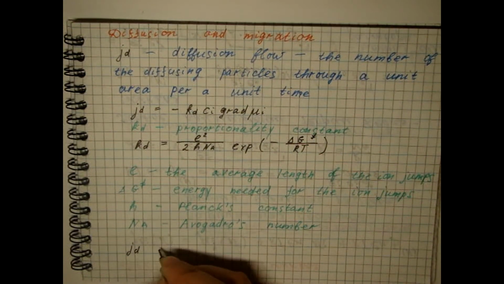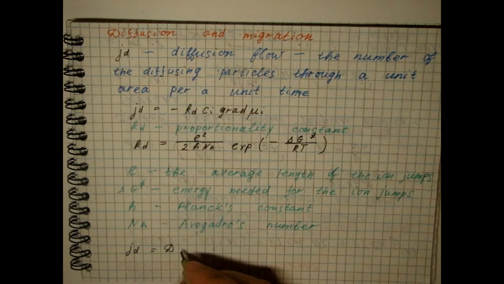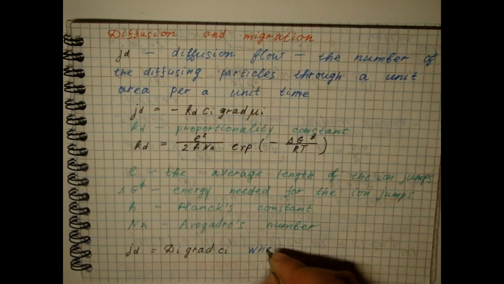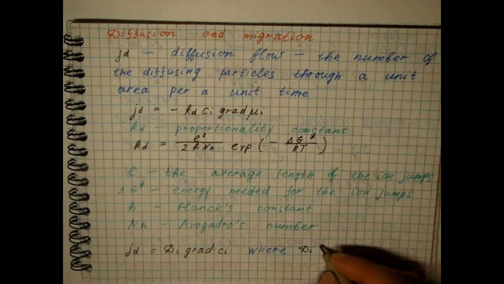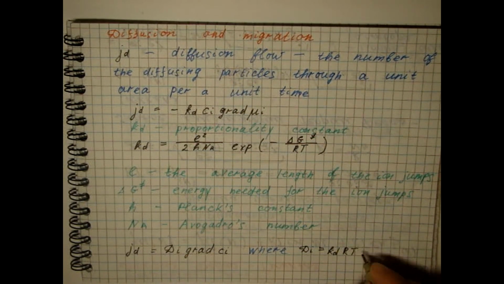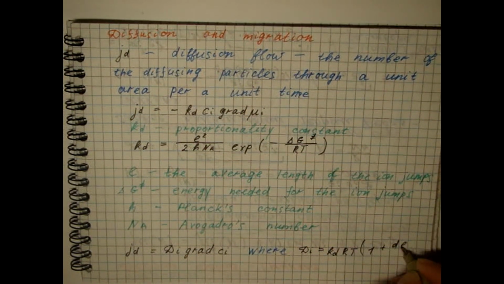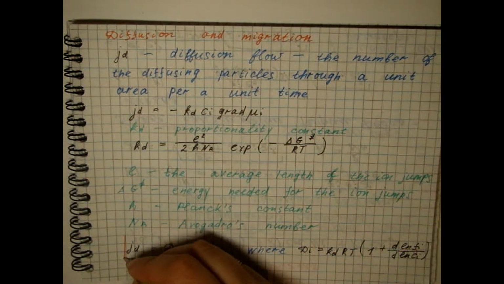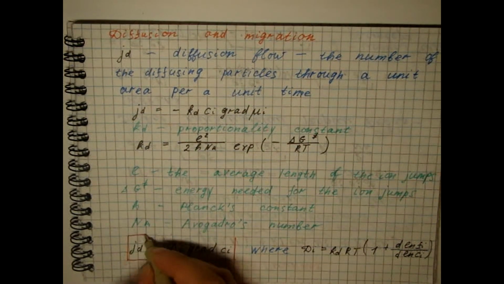Then the equation can be rewritten as this equation, known as Fick's first law.